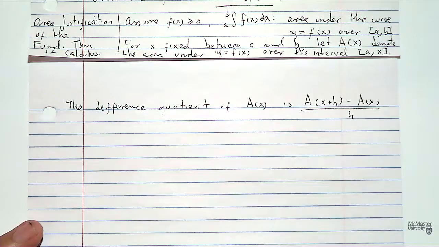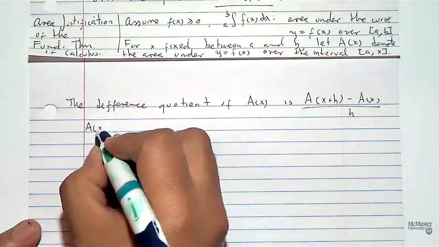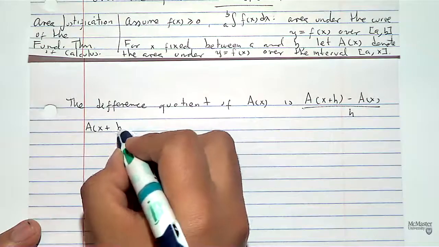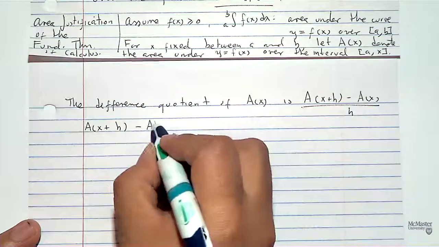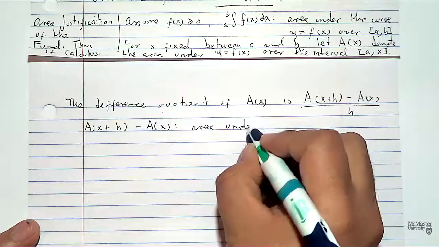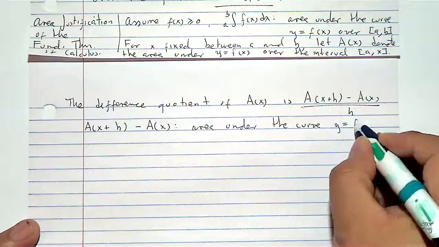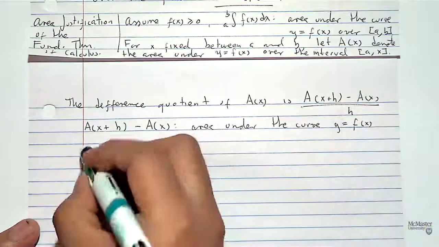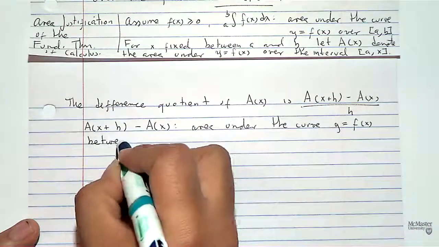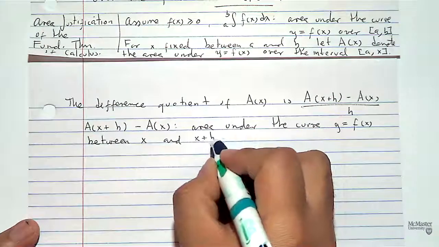In fact, this is what you take in the limit to get the derivative. Just to give some intuition, the difference A of x plus h minus A of x is the area under the curve between x and x plus h.